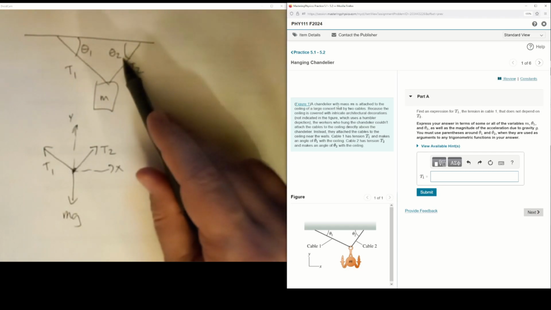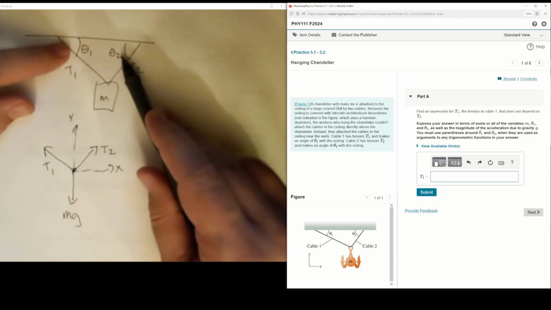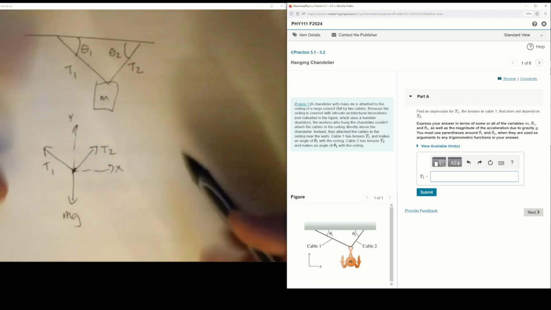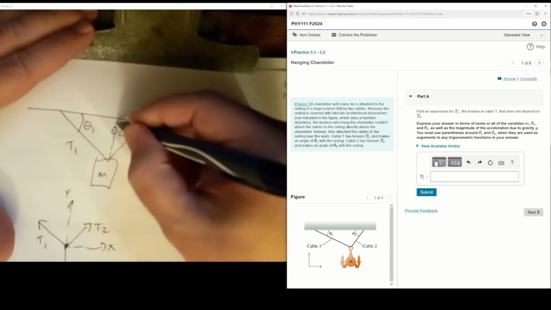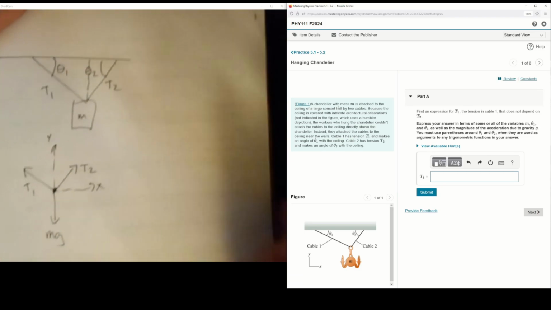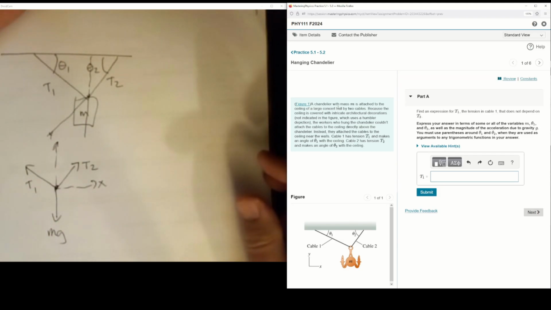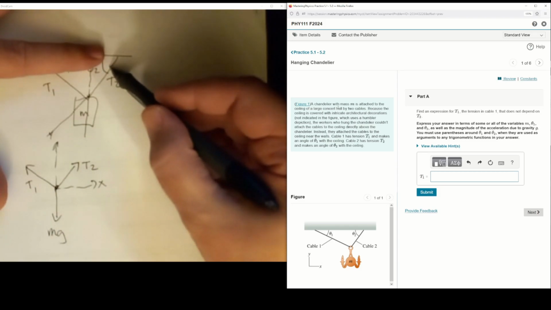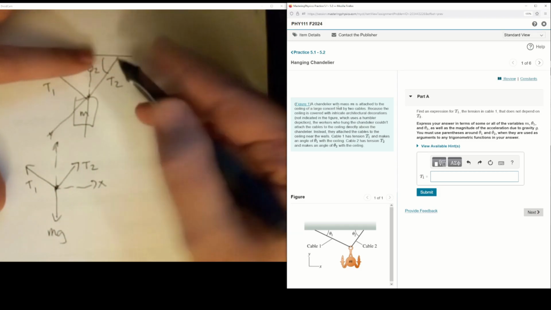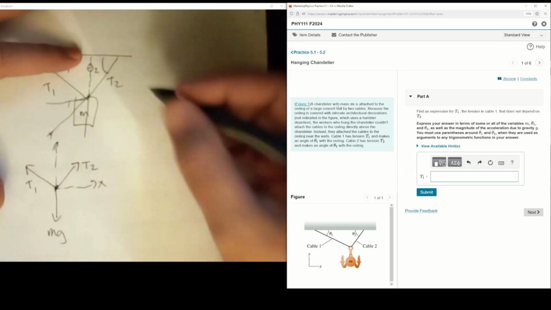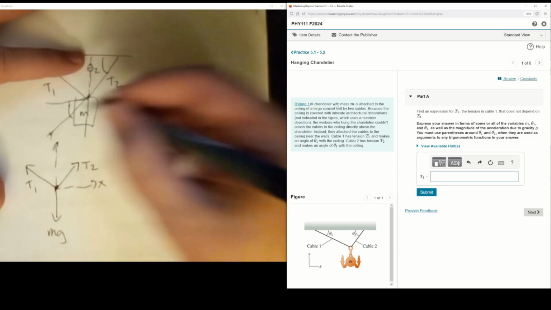Now we do need to get these angles. We do need these angles on our picture here. So just looking at this here, if we do this angle from trig, I'm just trying to draw kind of a trig thing that maybe you remember, maybe you don't, but this angle here is going to end up being the same angle that's right here.